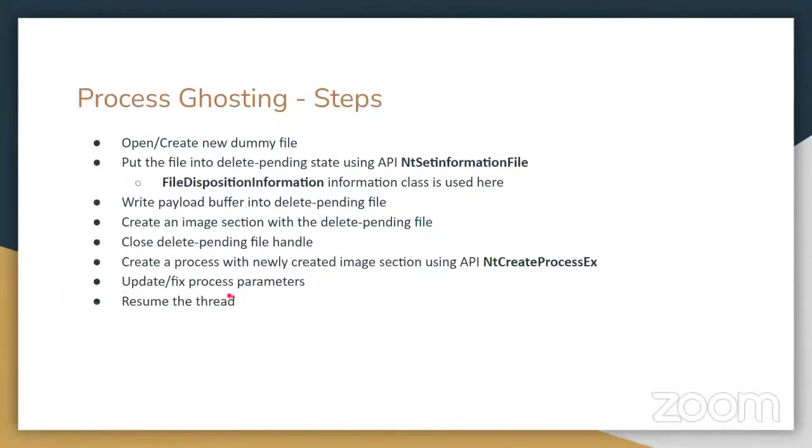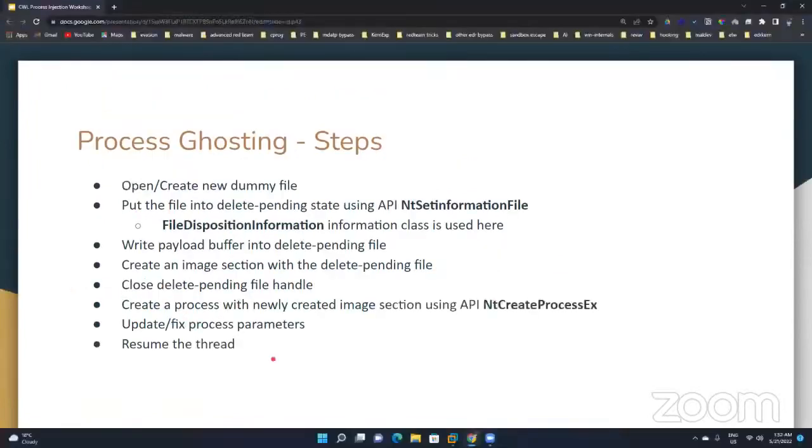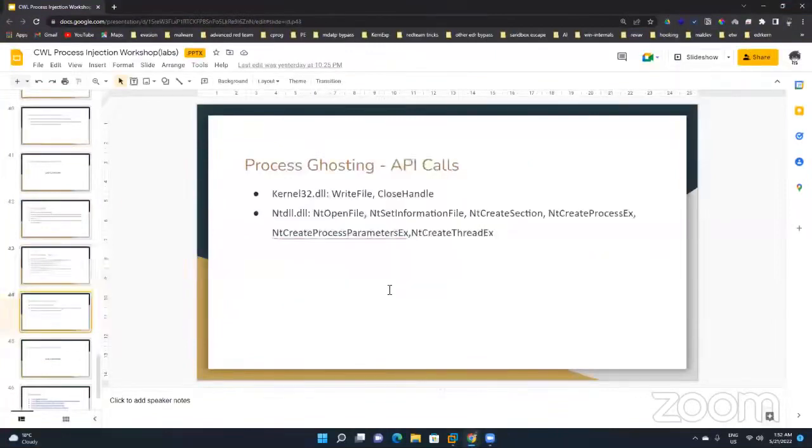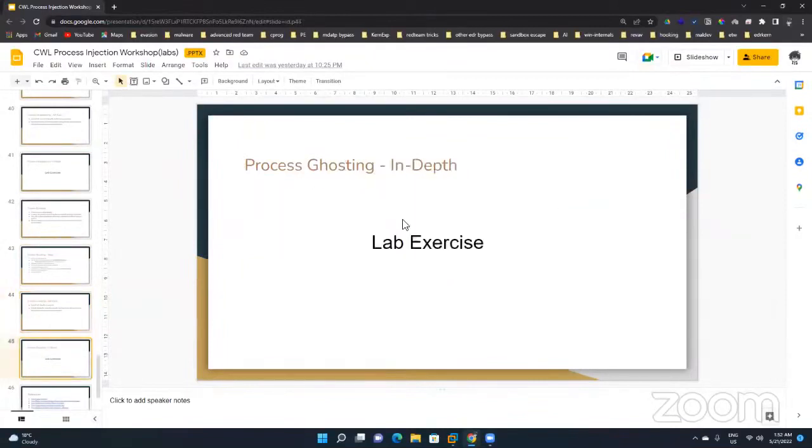Let's see if we face any issue in process ghosting, and if Windows Defender is going to block us in this technique as well or not. So these are all the APIs that are used for process ghosting. So let's move on to the lab.